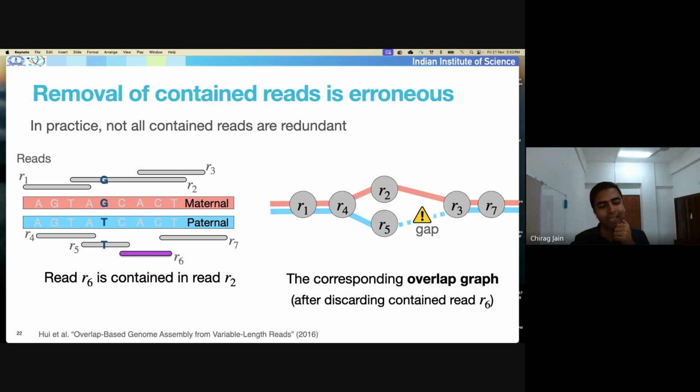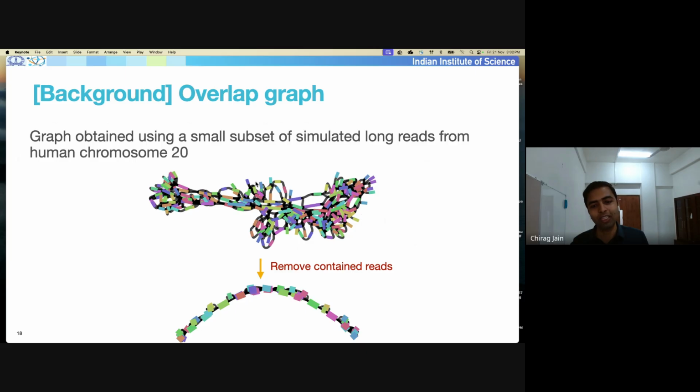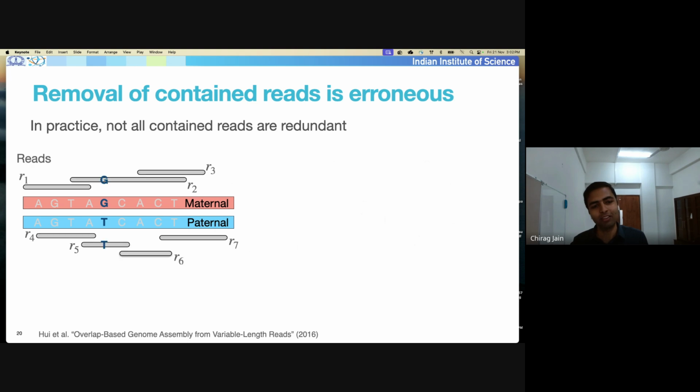So let me maybe come to that later. Right now, if we change this heuristic, either we will end up with a gap, or the graph will be too dense, is what my experience has been. So far, we have not found any simple way to get rid of this problem.